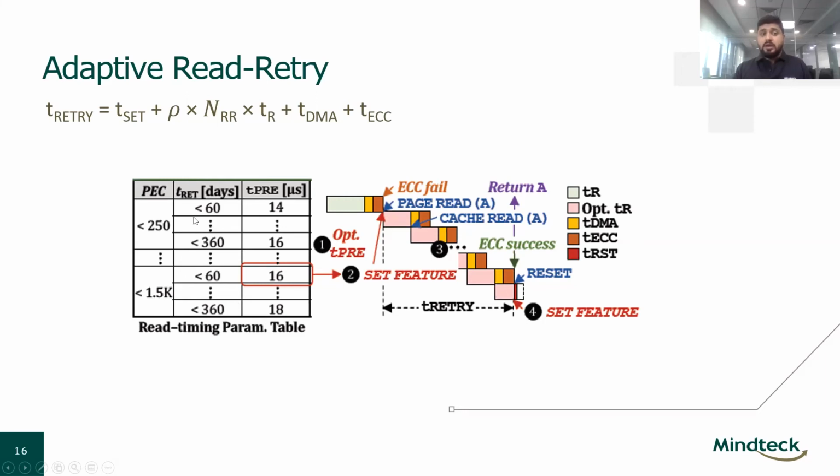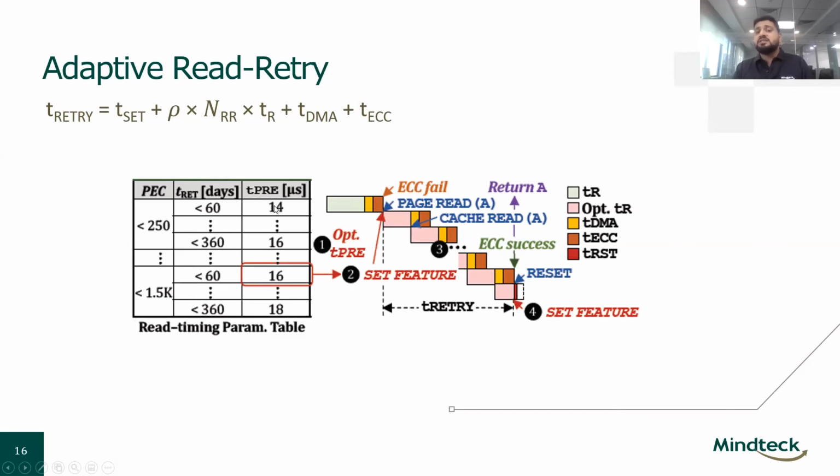So what exactly does the RPT table consist of? It consists of PEC, the program erase cycle, meaning how many program erase cycles have happened in the SSD, and the retention days of the SSD. That tells us how old the SSD is. On these two terms, we calculate one timing called T pre-charge.